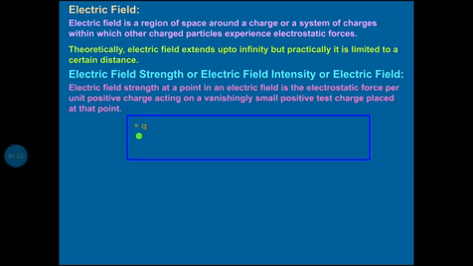Here you can see a plus q charge resides here and there is another test charge, plus q0. Now you can see a force acting away from the plus q charge.